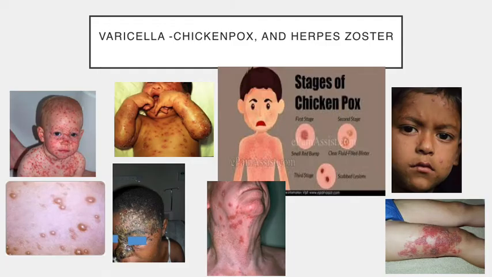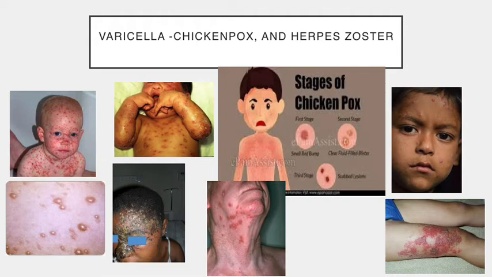Another type of vesicular rash is chickenpox and herpes zoster. Chickenpox is a very contagious infection caused by the varicella zoster virus, and it causes an itchy rash. It can be itchy, and it has small fluid-filled blisters. It's very, very contagious, but luckily there is a vaccine, and most children today in the United States are vaccinated for chickenpox.